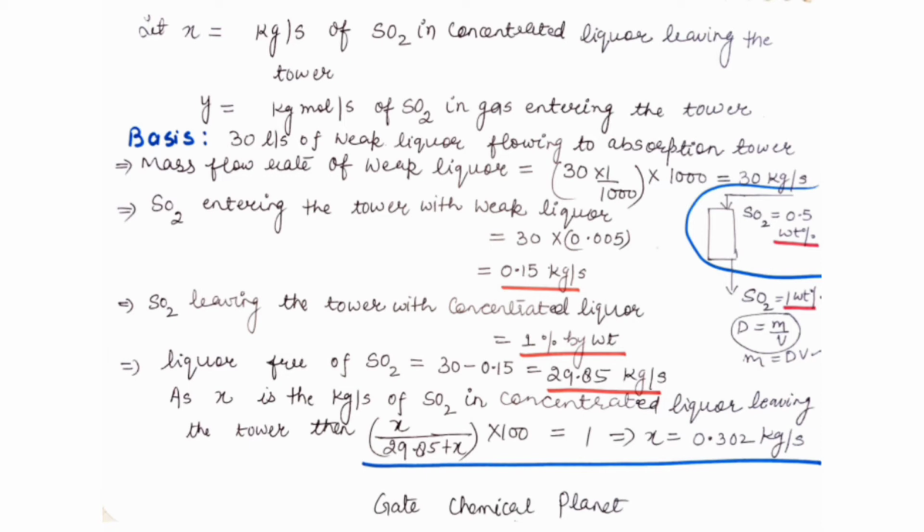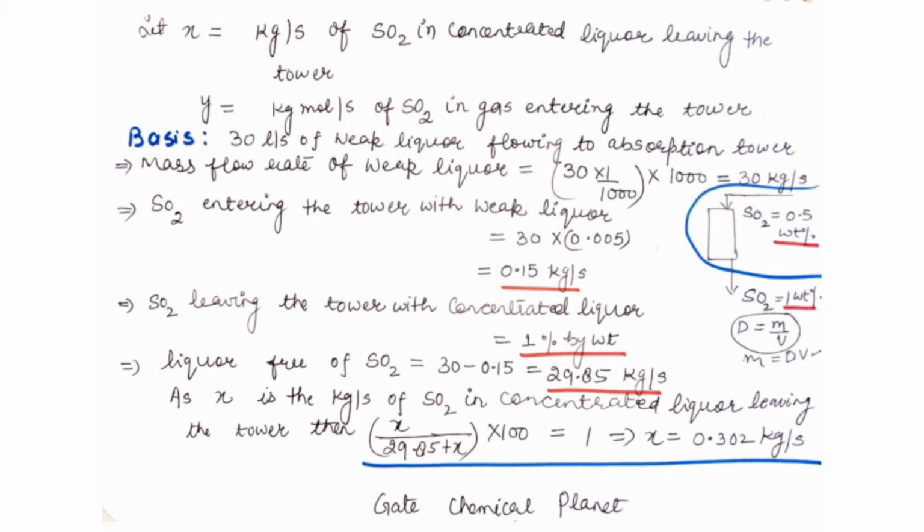I have drawn this diagram so that you can easily understand what is going on in the system. So 0.5 weight percent SO2 is coming with the weak liquor, so we can easily calculate the SO2 entering the tower with weak liquor. It will be equal to 30 into 0.005, so it becomes 0.15 kilograms per second.